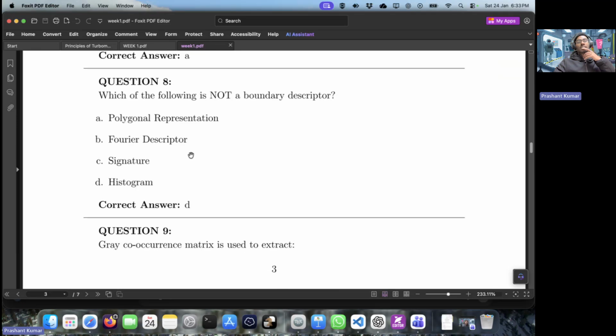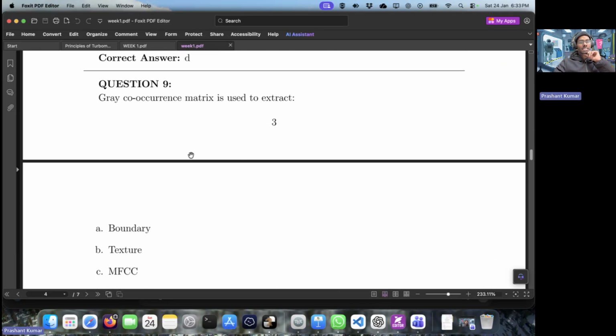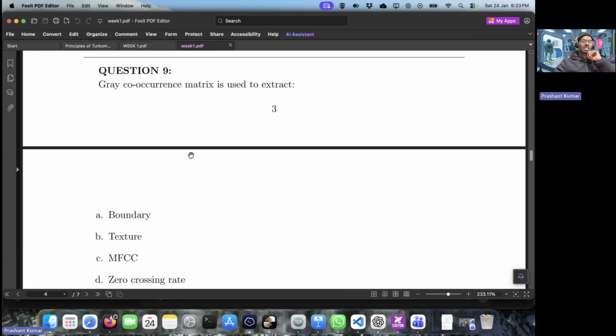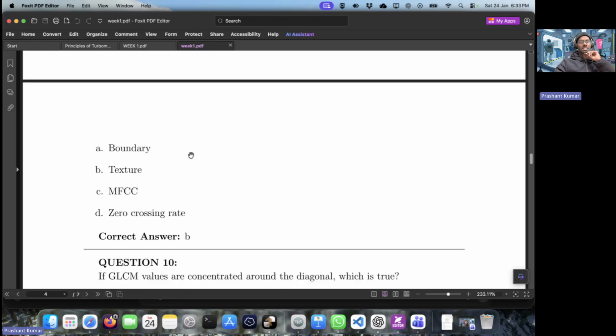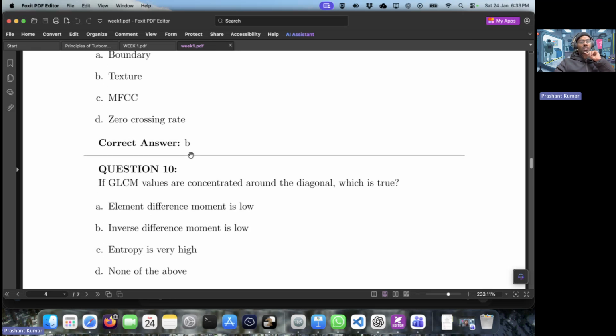The gray co-occurrence matrix is used to extract boundary, texture, MFCC, or zero crossing rate. Basically texture, right? If GLCM values are concentrated around the diagonal, which is true: the entropy is low, the difference moment is low, or the inverse difference moment is low?